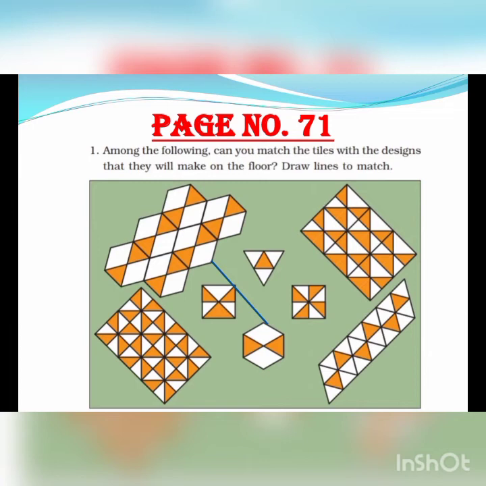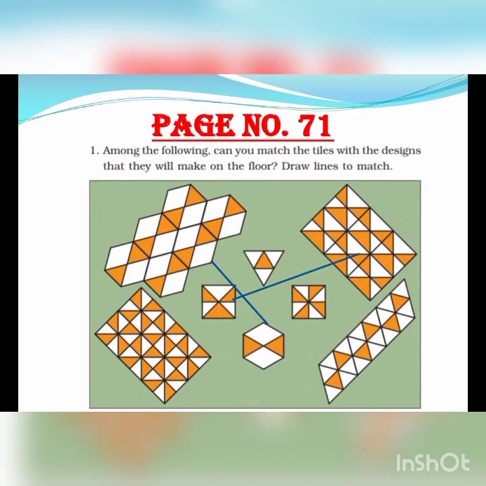But we have two options of square shaped tile. That tile will match with our design which has 6 triangles and 3 out of them are colored with orange. Yes, we will match like this.